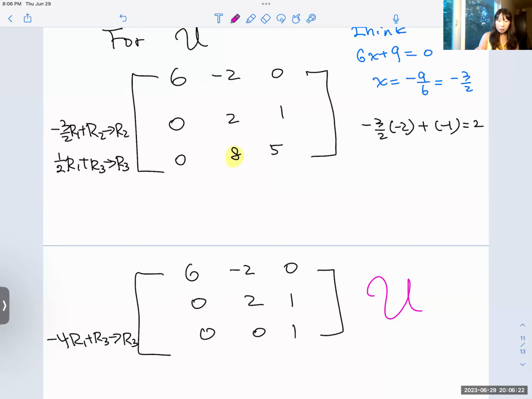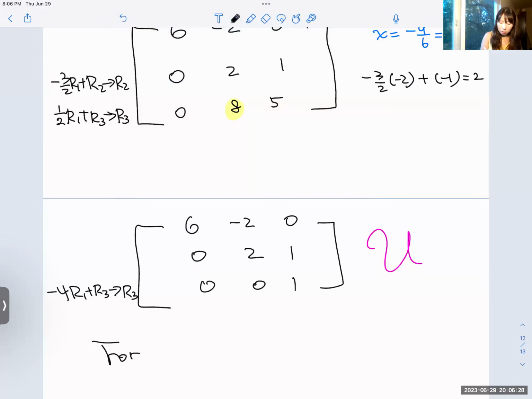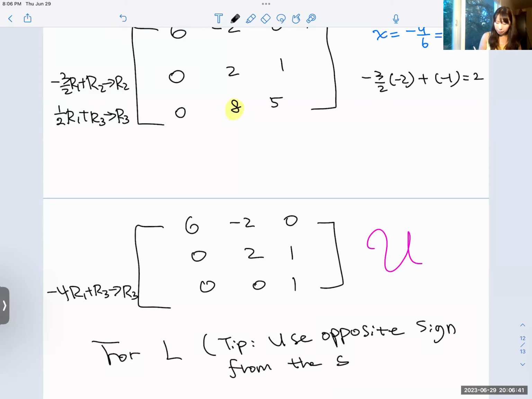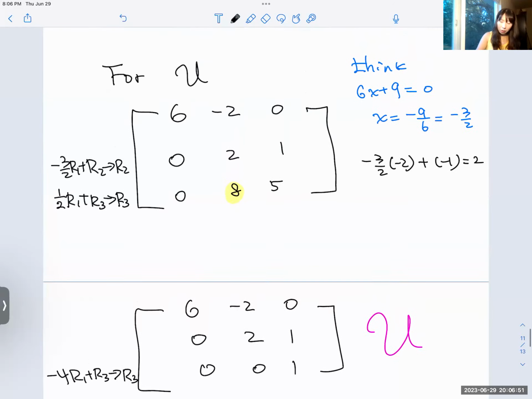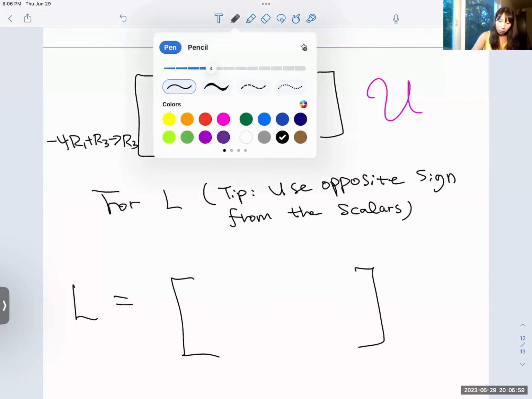Okay, now for L, using the opposite sign from the scalars. Okay, hold on 1 second. Let me write down first. L. So 3 by 3.